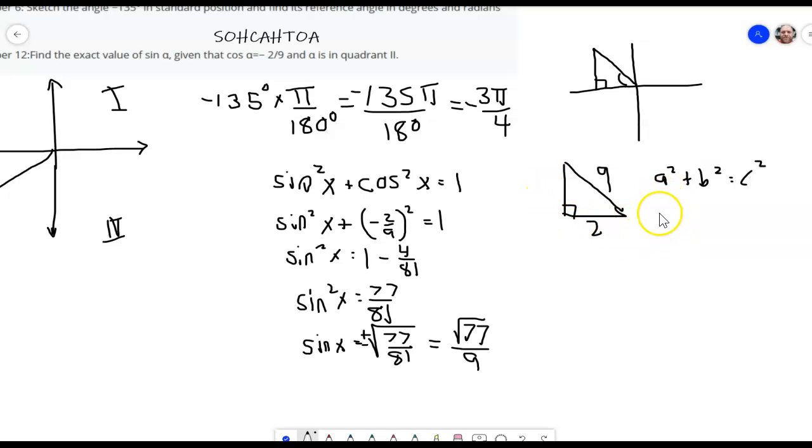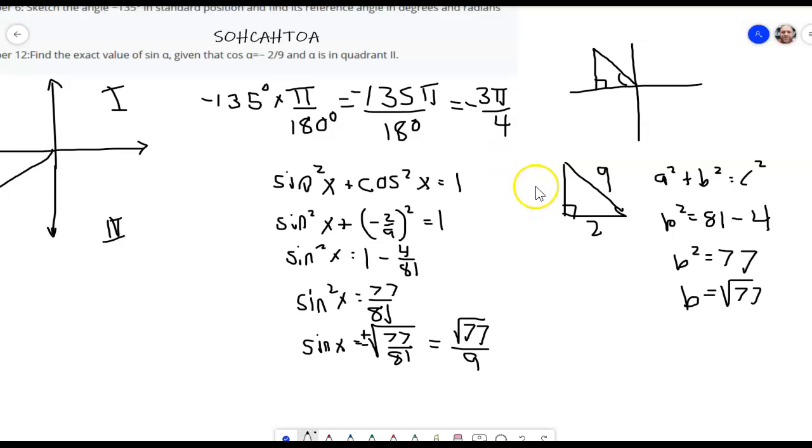So B squared is equal to 9 squared, which is 81, minus this, minus 4. So B squared is equal to 77. And taking the square root of both sides, B is equal to the square root of 77.